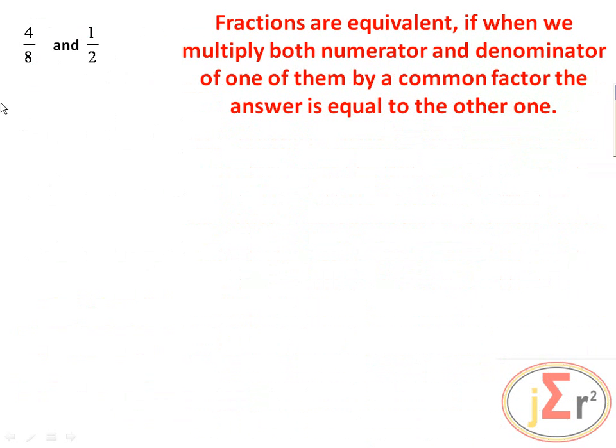So we have 4 over 8. If we multiply both numerator and denominator by, say, 4, 4 ones, 4, 4 twos, 8. Since we multiply both numerator and denominator of the fraction by the same number, and we have the result being equal to the first fraction, then we know that a half is equivalent to 4 over 8, because the result is actually 4 over 8.